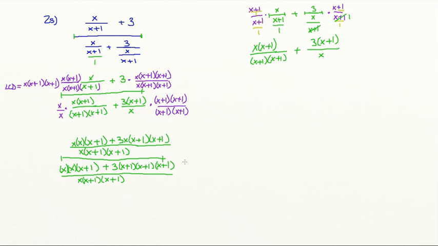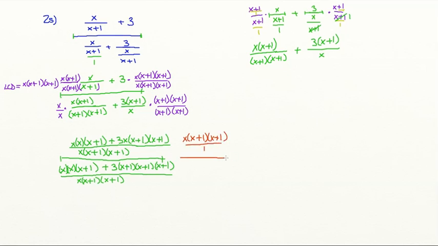Okay, so with my main fraction, I'm going to multiply the top by x times x plus 1 times x plus 1 over 1 divided by x times x plus 1 times x plus 1 over 1.